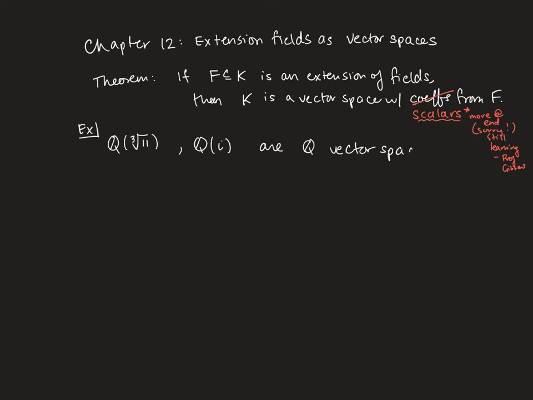One of the things we didn't get to was some notation that tells us about the dimension of one of these vector spaces over the base field.